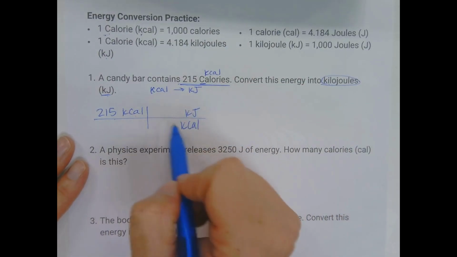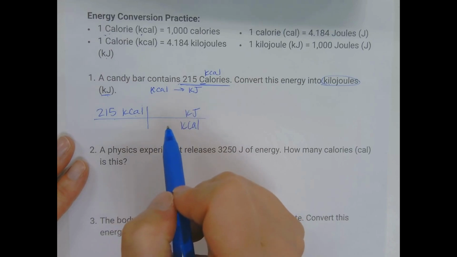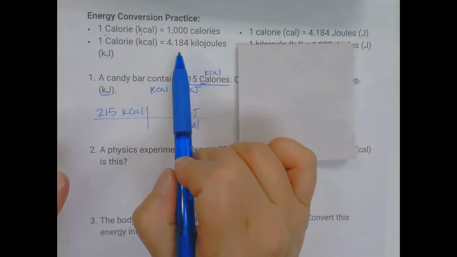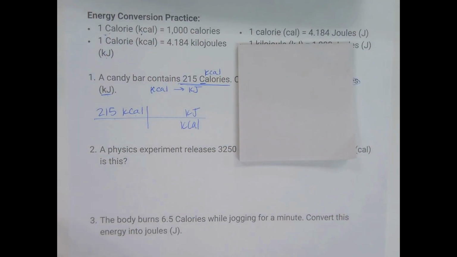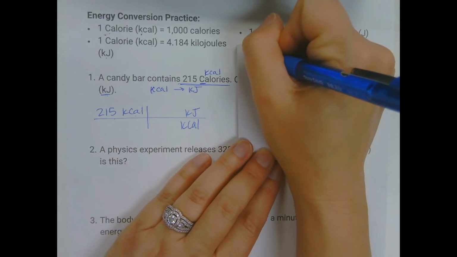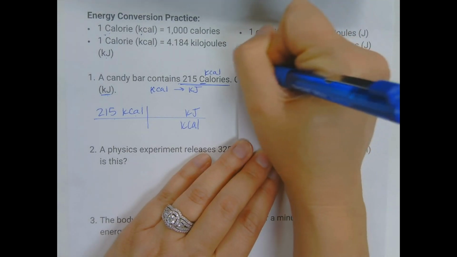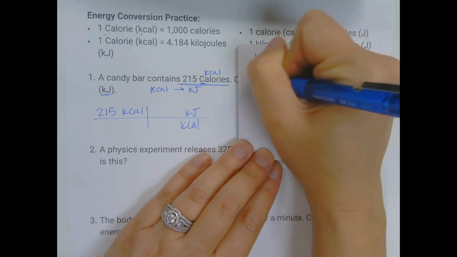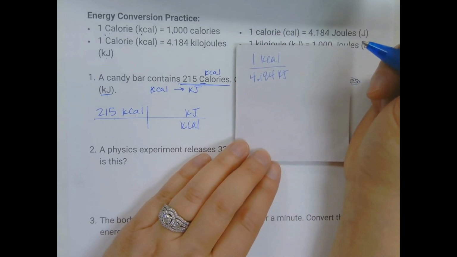So now that I have my units in the correct place, I'm going to put my numbers in. So this conversion, 1 kilocalorie equals 4.184 kilojoules. So I can write this kind of 2 ways. I can say that 1 kilocalorie equals 4.184 kilojoules, because this is just a conversion or it's a ratio.